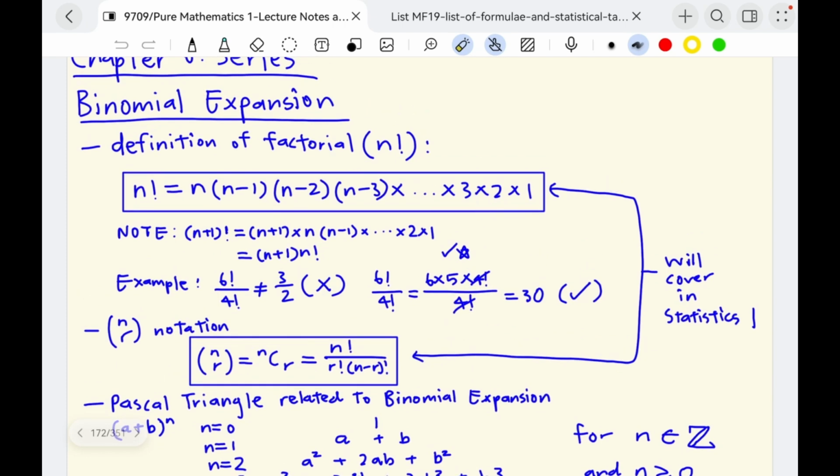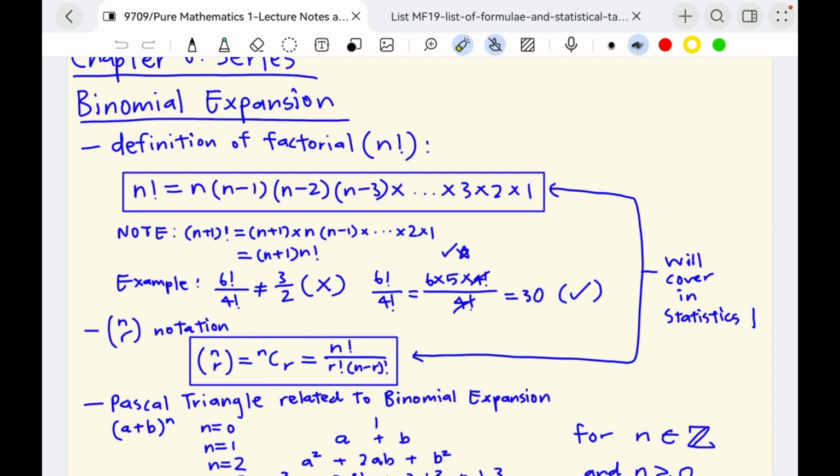So this is how to simplify the factorial expressions properly. Which is the lowest one? 4 factorial. Which is the highest one? 6 factorial. Since 6 factorial is the highest one, write out its multiplication, which is 6 times 5 until you get the term of 4 factorial.